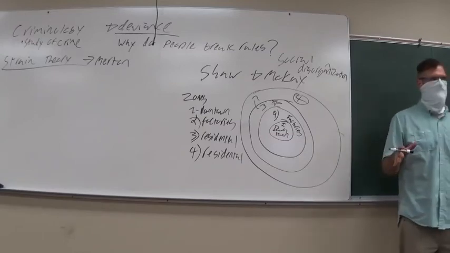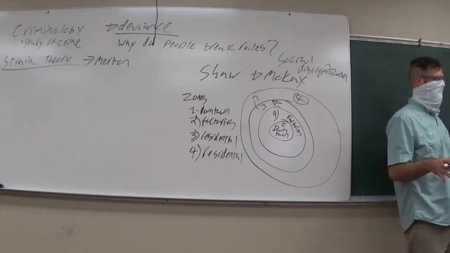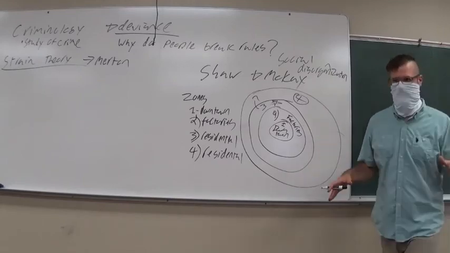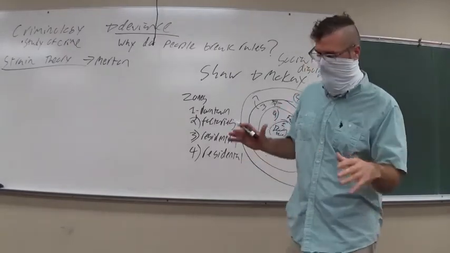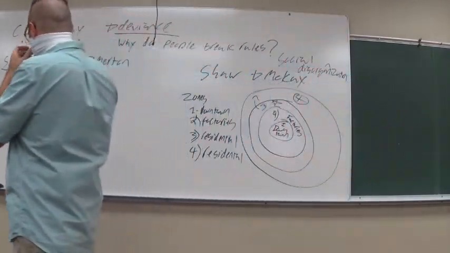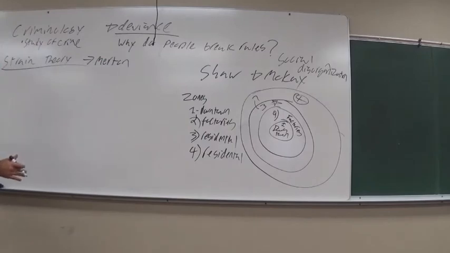In this case, he's interested in why it is that in the United States in the 20th century, this was a while ago, he was writing mostly in the 60s, how do we explain most of the crime around us? And if we can explain what causes most of the crime around us in an immediate sense, we can do something about it.